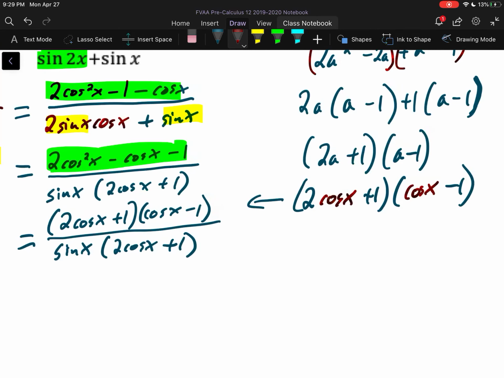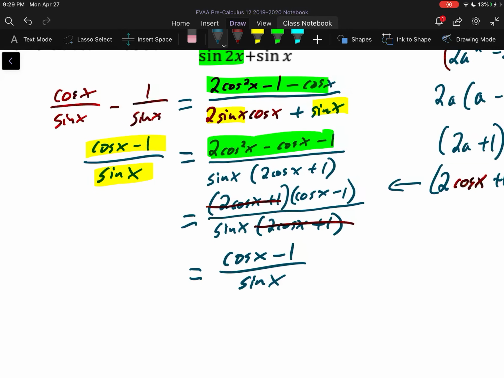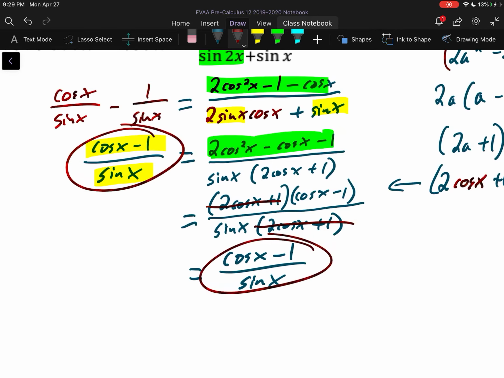Hopefully you're seeing that you can cross some of this out, right? 2 cos x plus 1, 2 cos x plus 1. And lo and behold, what do I end up with? Cos x minus 1 over sine x, which is exactly what I had on this side here.